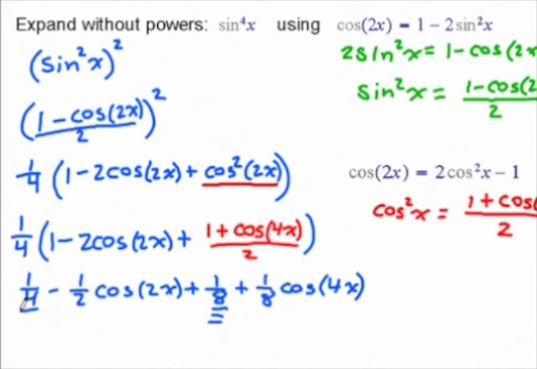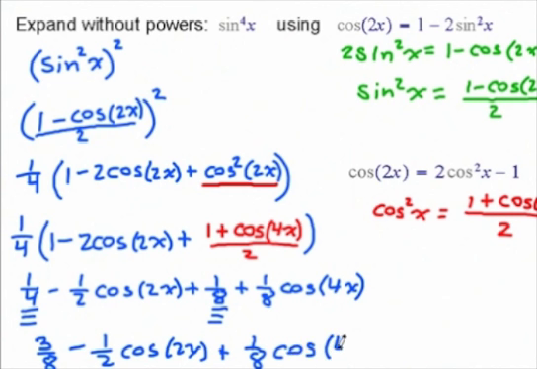We have an 1/8 and a 4th. Common denominator is an 8th, so this would be 2/8, so that would be 3/8 minus 1/2 cosine of 2x plus 1/8 cosine of 4x. And this whole thing, this last little blue thing, is equal to sine to the 4th x.